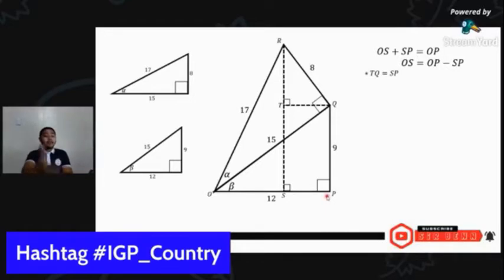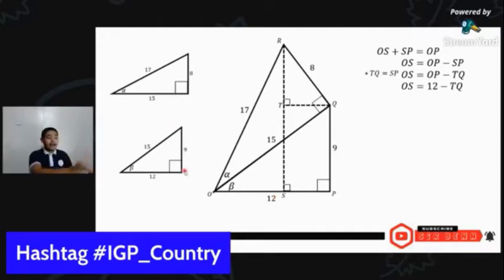TQ is equal to SP simply because this one is a rectangle and the opposite sides of a rectangle are equal. So by substitution, we can now say that OS is equivalent to OP minus TQ. Next, OS is equivalent to 12 minus TQ. So the measurement of OP is 12, based from this part.